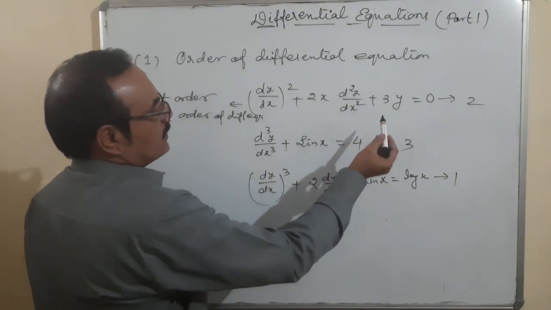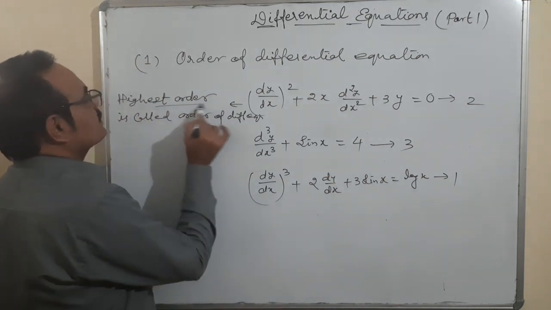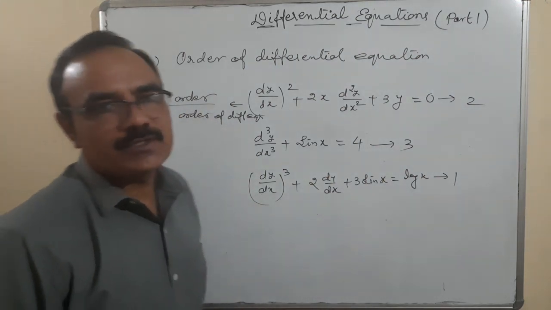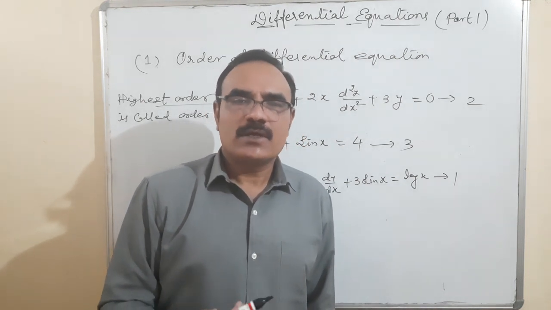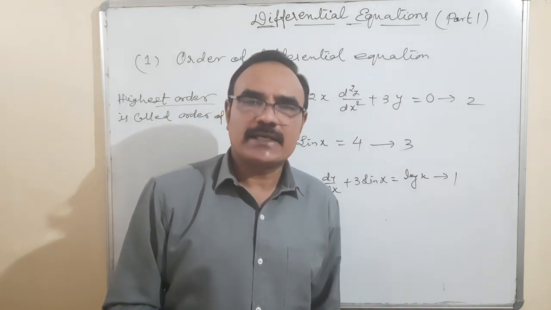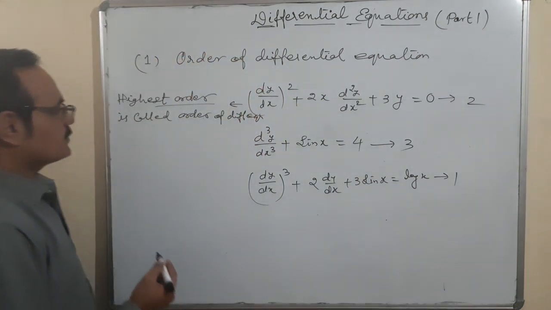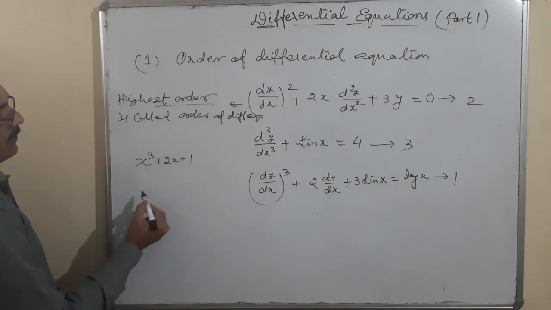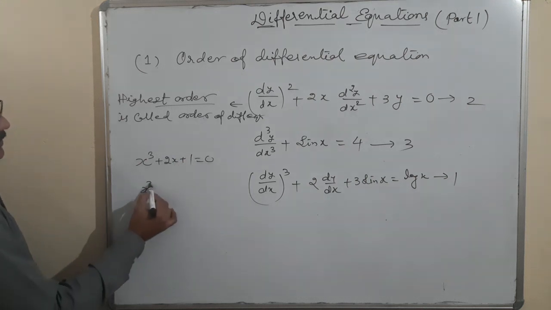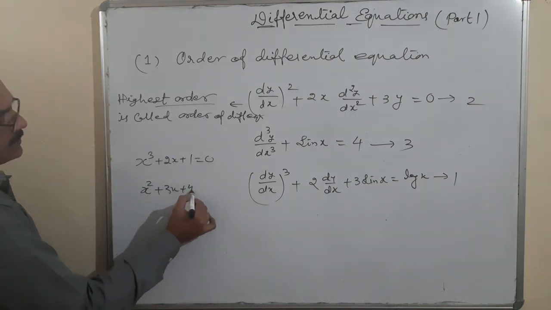So these are the orders 2, 3, 4. What does the highest order mean? It means the first derivative used, second derivative involved, third derivative involved, and whatever the maximum derivative is, that is called the order. Simply, suppose x cube plus 2x plus 1 is equal to 0, and x square plus 3x plus 4 is equal to 0.